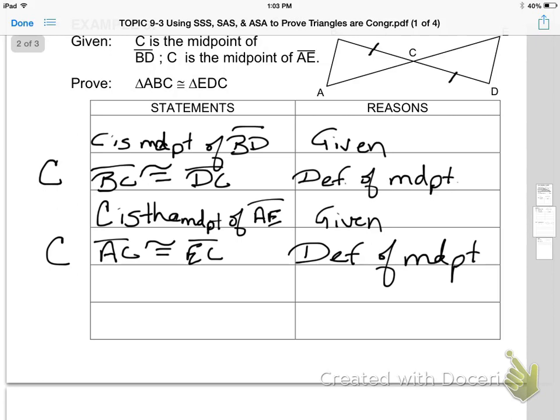So that means that if I'm marking it on my figure, these two lines are congruent. Now, what's our third congruency? We don't have a shared side, we don't have a shared angle, but we do have a pair of vertical angles. So angle BCA is congruent to angle DCE because vertical angles are congruent, and they're vertical angles.